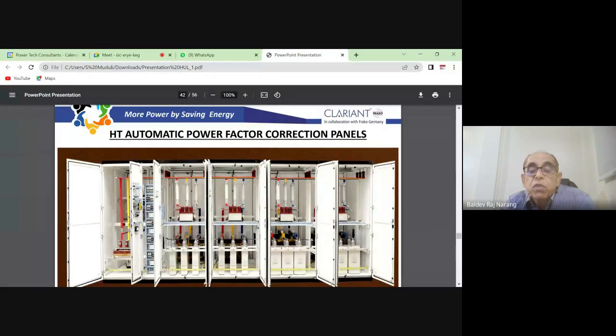So we cannot do automatic control with the VCB. So vacuum contactors have been developed for that. They can have maybe 1 lakh or 50,000 operations, and we can have automation on HT just like in LT. This is very common these days, particularly in the renewable sector.